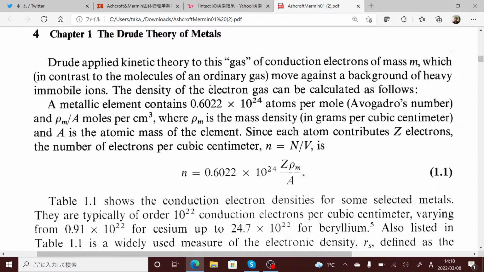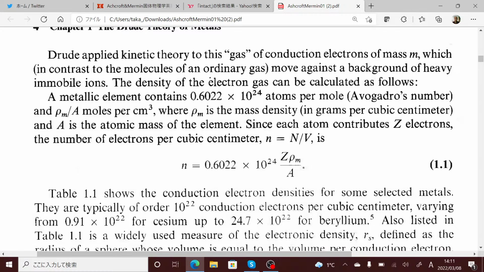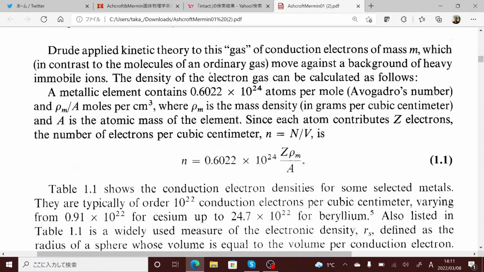A metallic element contains 0.6022 times 10 to the 24 atoms per mole, Avogadro's number, and rho_m divided by A moles per cubic centimeter, where rho_m is the mass density in grams per cubic centimeter and A is the atomic mass of the element.